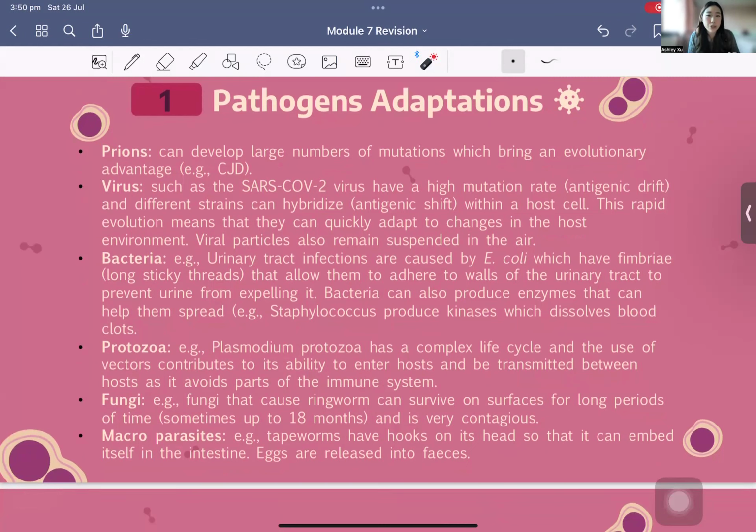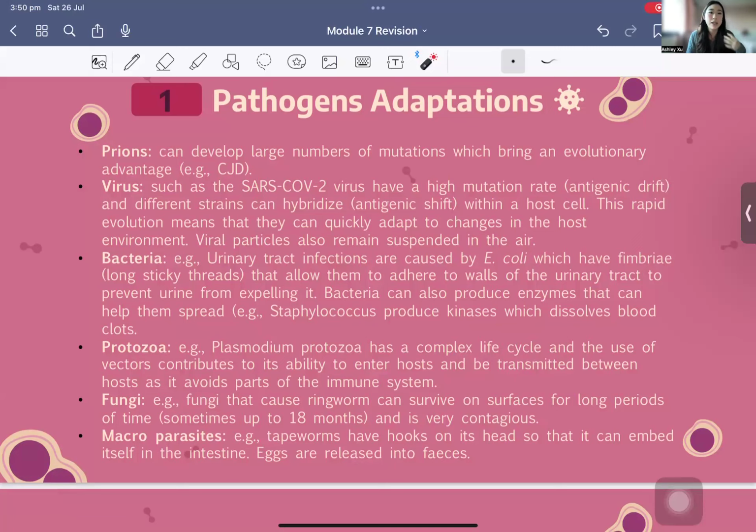Read through bacterial adaptations as well. The common one that students remember is they have these things known as fimbriae. Okay, they are just long sticky threads that come out from the bacteria. What that does is it allows them to adhere to the urinary tract. Okay, so UTIs, when you get UTIs, very common in females, they are caused by E. coli. Okay, and E. coli sticks into the urinary tract and it prevents the urine from expelling it.